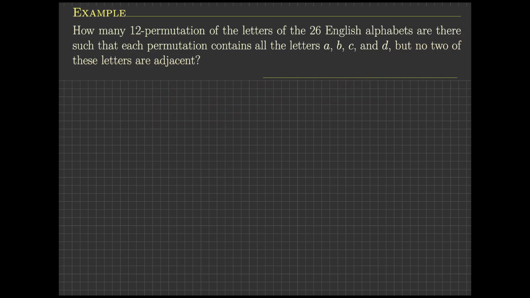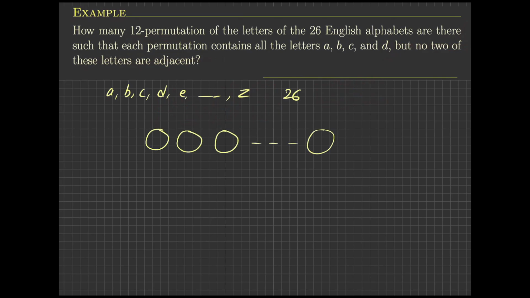Yeah, so how many locations do I need? I am not solving the main problem. I am solving the problem up to here. Okay, so let me write it and then I will clean it here. So for a 12 permutation, how many objects do I have first of all? I have A, B, C, D, E up to Z, 26 letters. But I want a 12 permutation. A 12 permutation means how many locations I need?